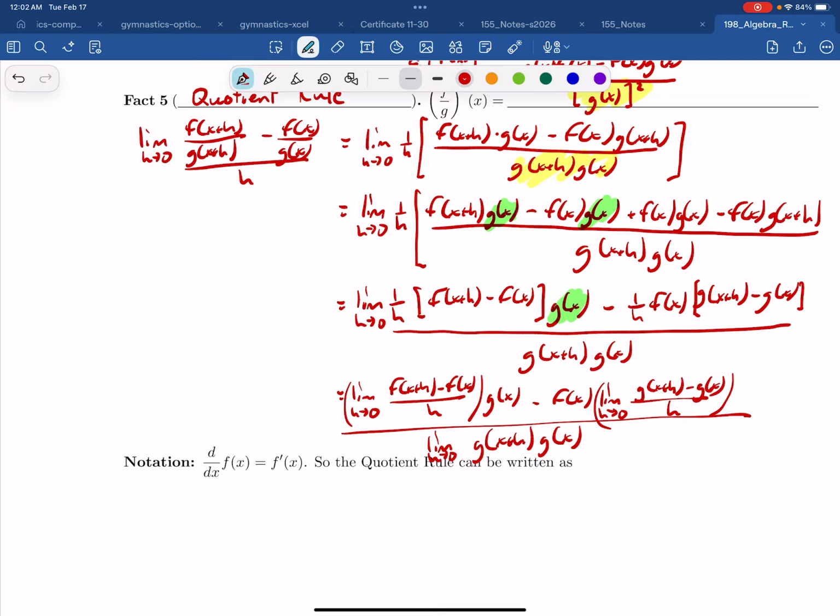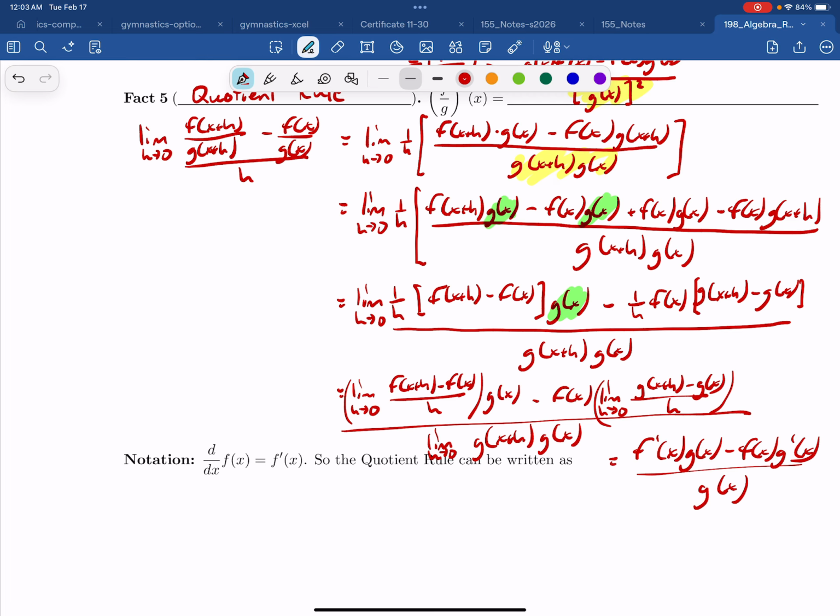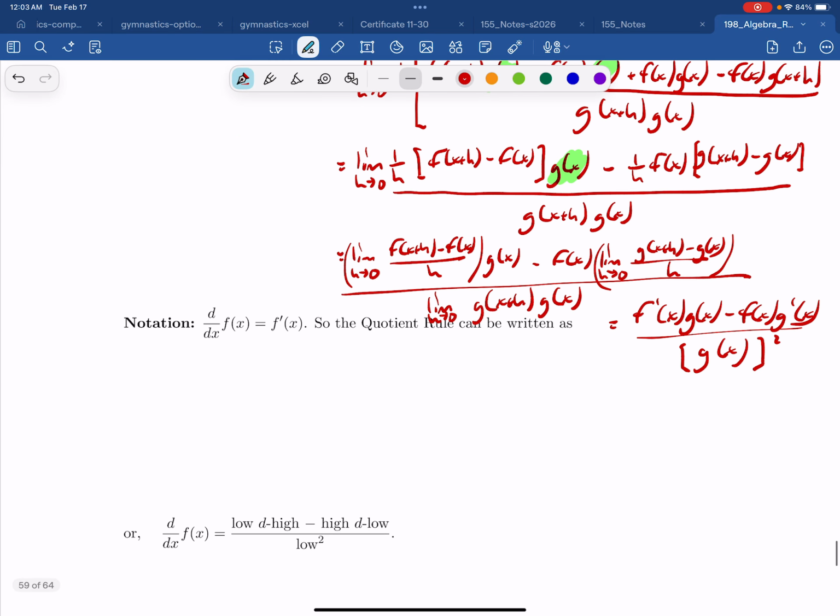And this winds up being, sure enough, f prime of x g of x minus f of x g prime of x, all over g of x quantity squared. All right, that's what we have. So just want to point out one thing. You could write the quotient rule this way.